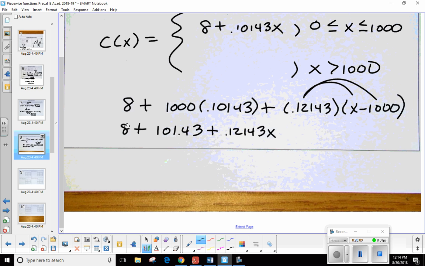Okay. And then I'd want to go ahead and multiply the rate by a negative 1,000. So that's going to be minus, what would that be? 121.43. Okay. Well, we have some like terms. Help me out here. If I add 8 plus 101.43 and then subtract 121.43, what's that going to give me?